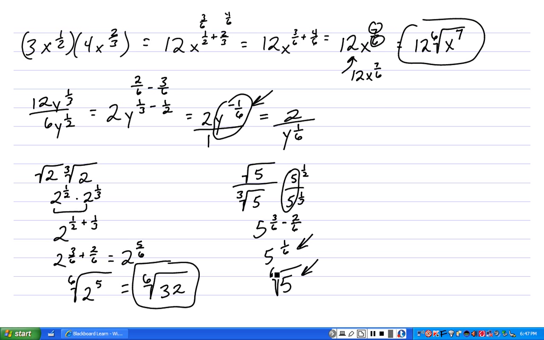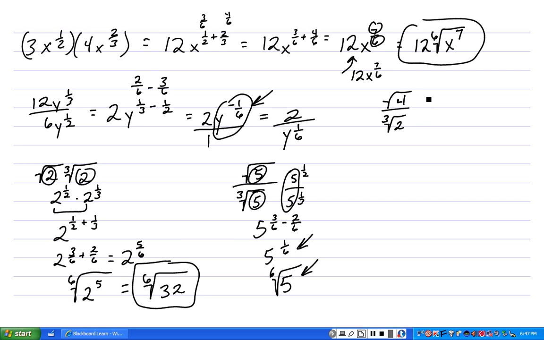All right, let's look at one more. Let's say we have the square root of 4 over cube root of 2. Now all these other problems we've been dealing with common bases, and I can look at this and say, okay, 4 can be broken down to 2 squared, so I can make this a common base.